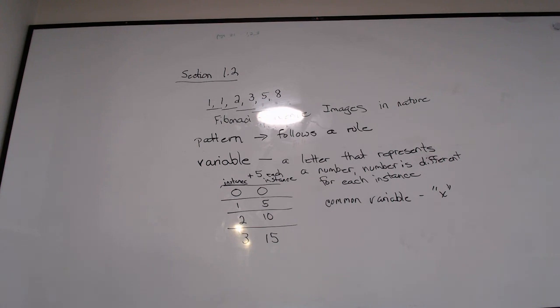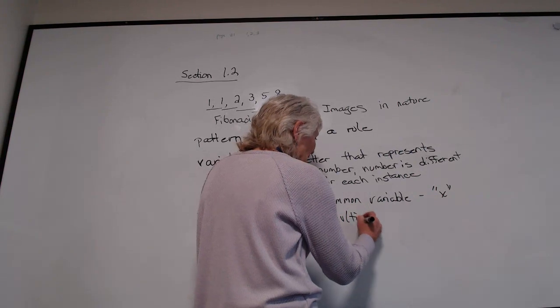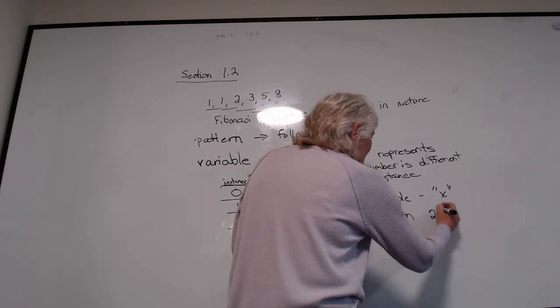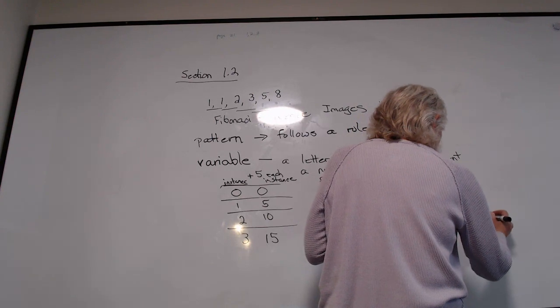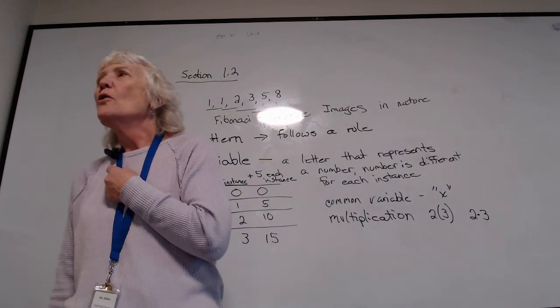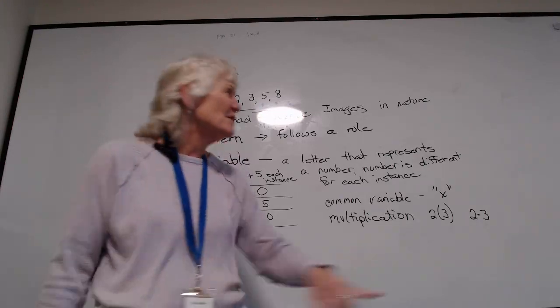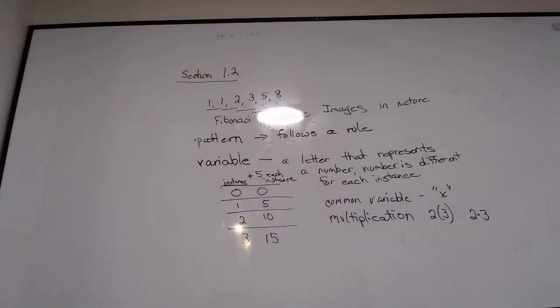It's when you have something next to it or a little dot in between. Our multiplication now becomes either 2 times 3 like that, or 2 times 3 like that, okay? Now this doesn't work with numbers, but if you have a letter in a variable, you don't even have to write the dot. Because mathematicians are very lazy and they don't want to write any extra stuff they don't have to, so they just drop it.